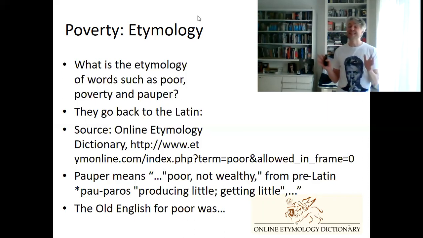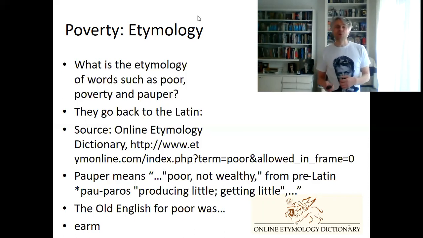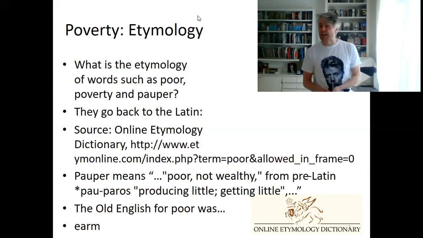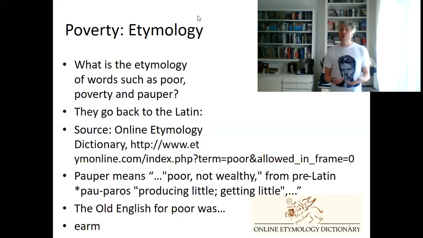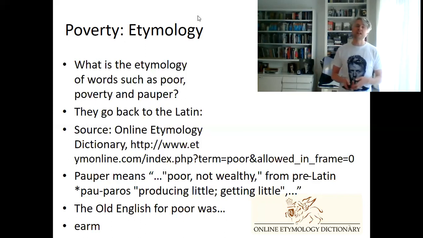And this is really easy for the German students. Any guesses? The Old English word for poor was, something like arm, which is also the modern German word for poor, excuse me. And poverty itself is, of course, Armut. I understand that's also a Swedish word. So our investigation of the etymology is interesting and fun.